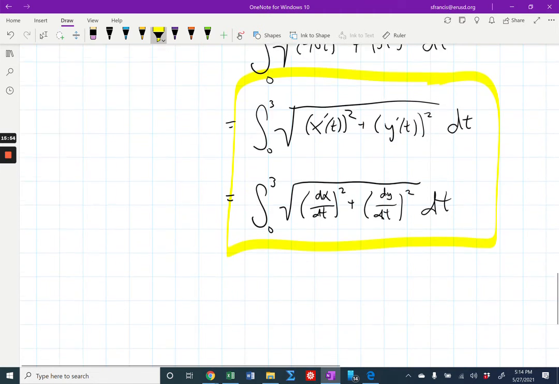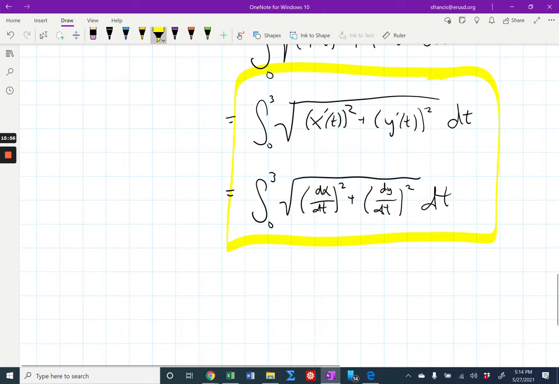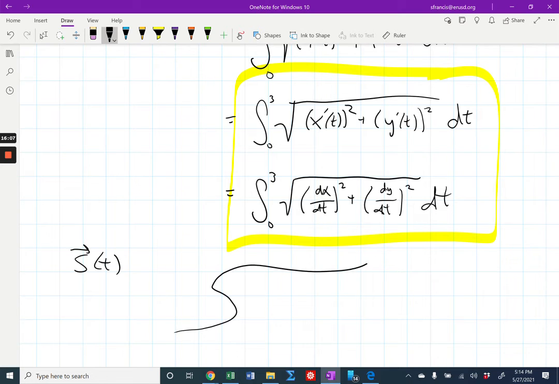So if I'm talking about some position function, some position vector, then that position vector is going to describe some path of some object as it moves in 2 dimensions. Let's say it starts here, moves along with this orientation, to use terminology from the parametric equations, and ends over here, okay? If I want to find the total distance traveled, I want to find the length of that curve, okay? How do we find the length of that curve?